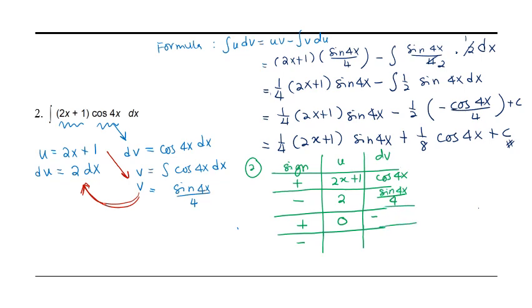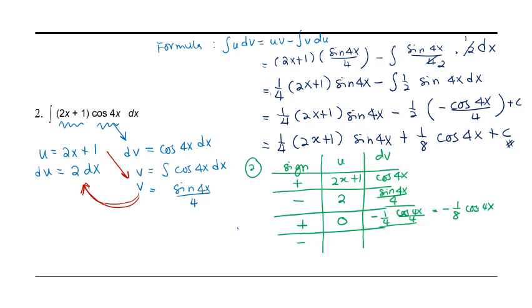Okay, negative cos, negative 1 over 4, cos 4x over 4. So it can be simplified, it becomes negative 1 over 8 cos 4x. Okay, I have simplified this.